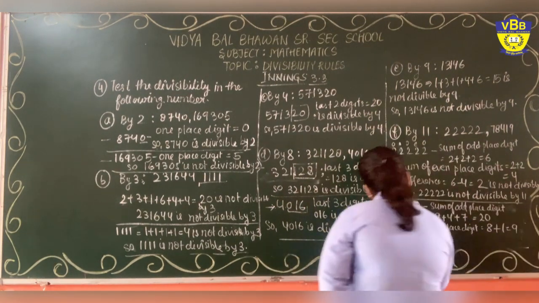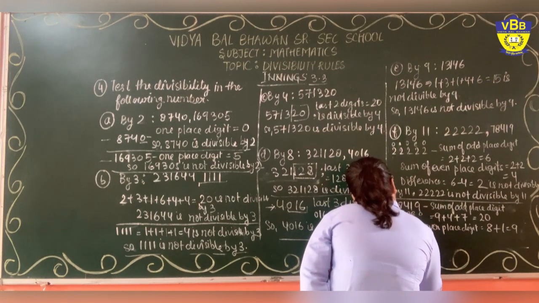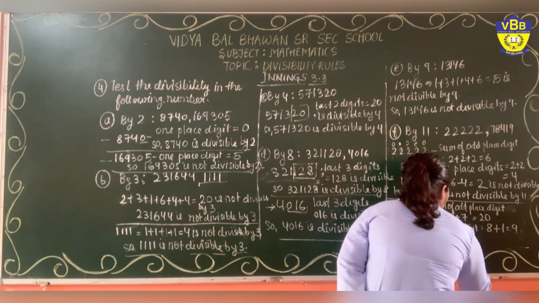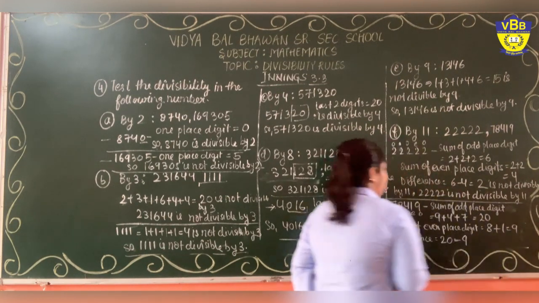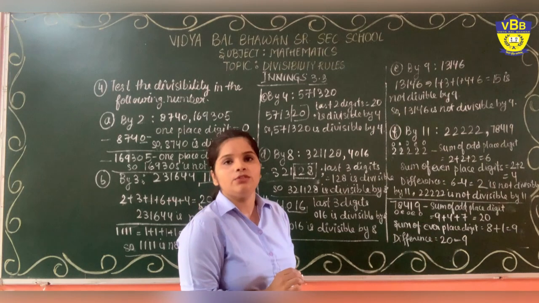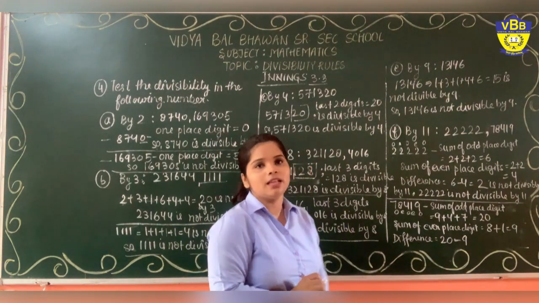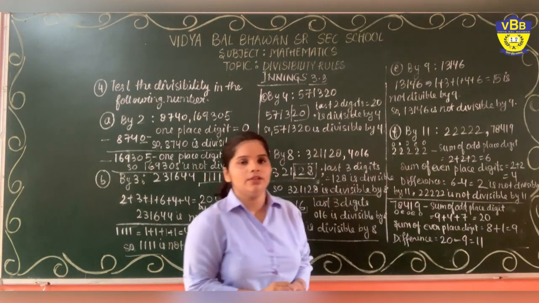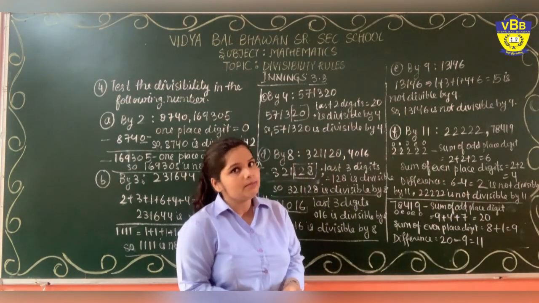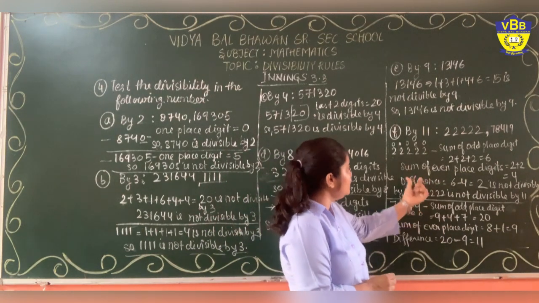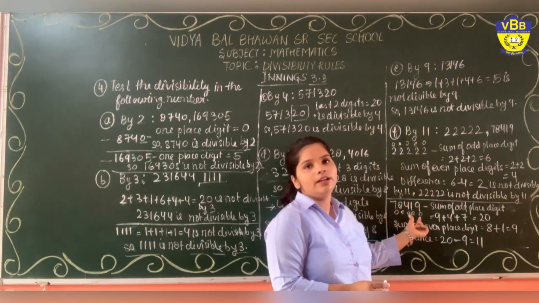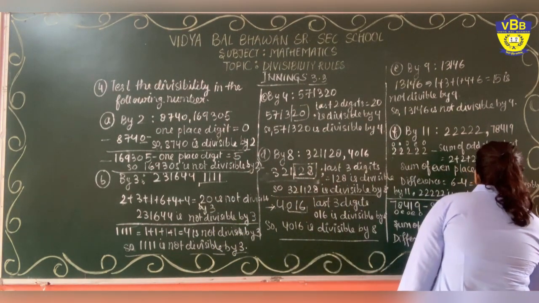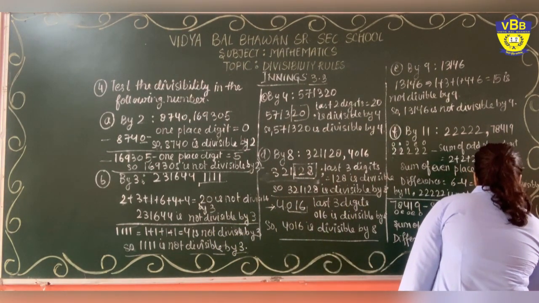Find the difference of the two sums, that is 20 minus 9, that is 11. Difference coming is 11. Now 11 is divisible by 11, so this particular number 78,419 is divisible by 11.